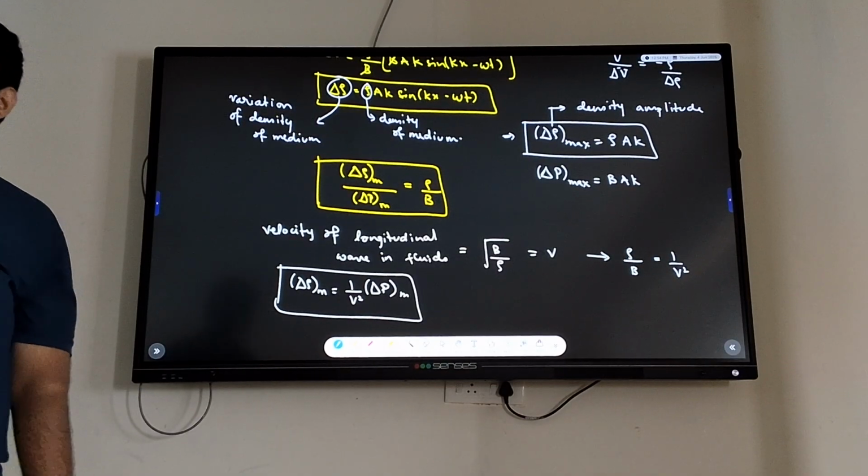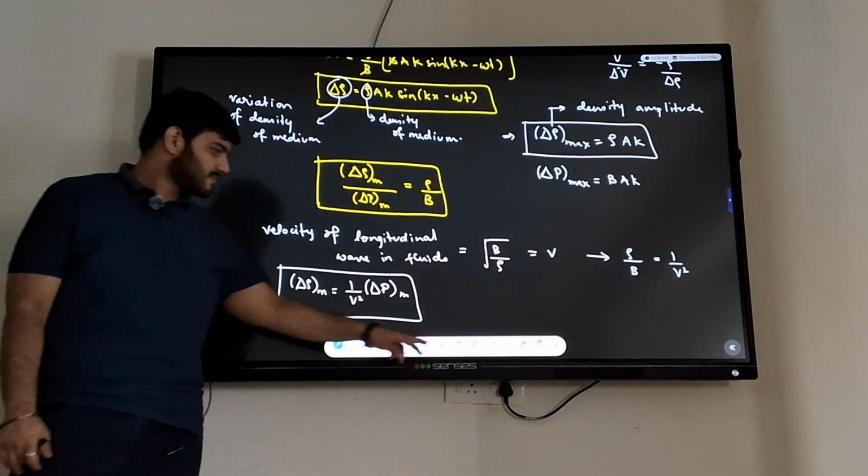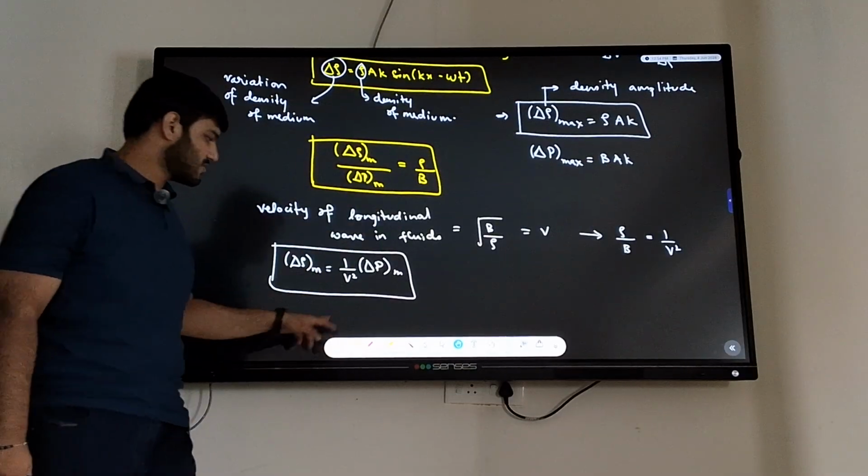And can you now already guess that this variation in density also tells me how the wave will move? Let me also ask you this.